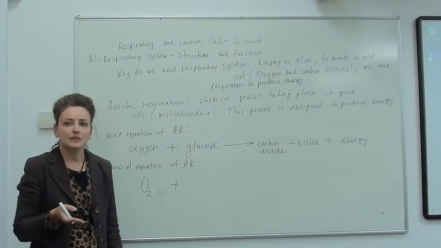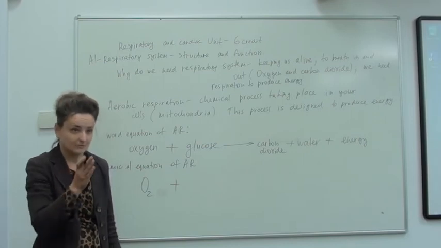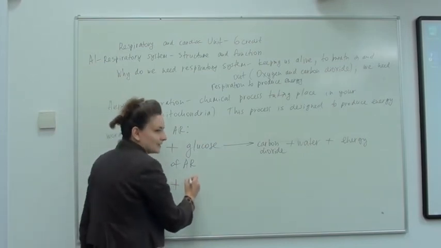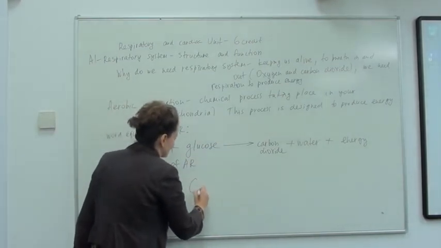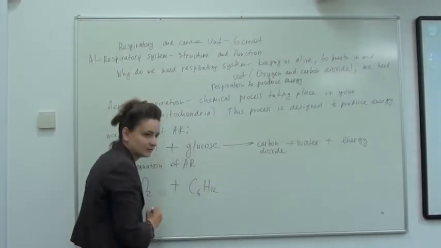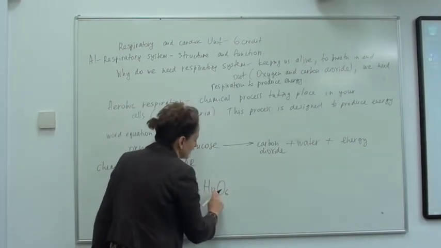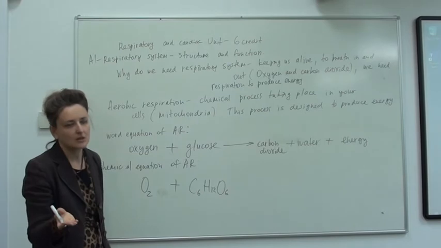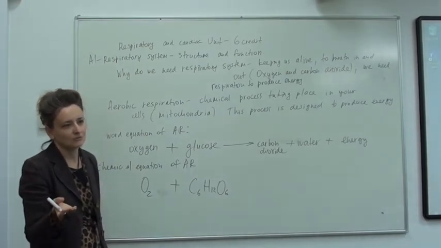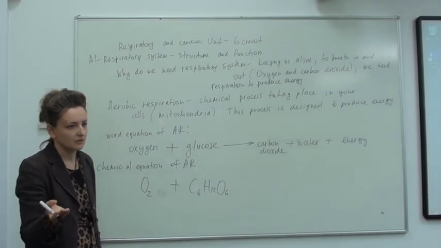Okay, anybody able to help Tom? Okay, fine. So, glucose is C6H12O6. You don't have to memorize it, but it's handy to know because it comes up an awful lot in different contexts. And it helps you to understand on another level.